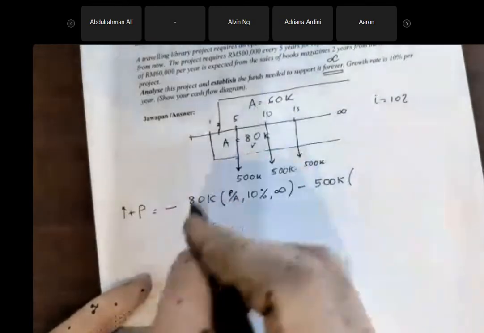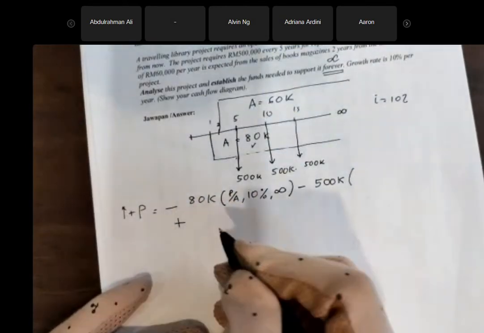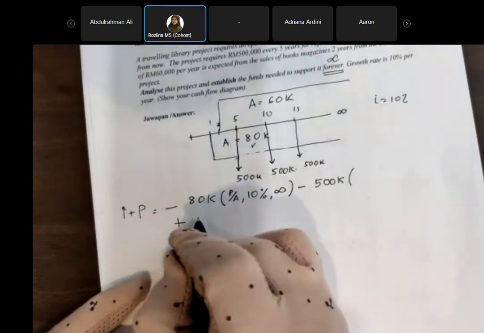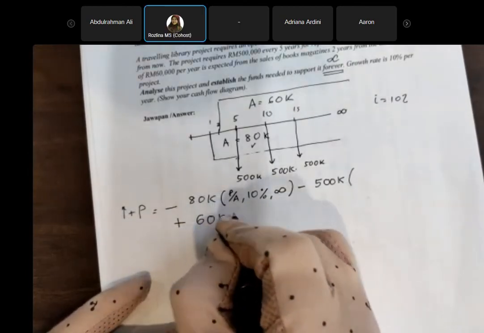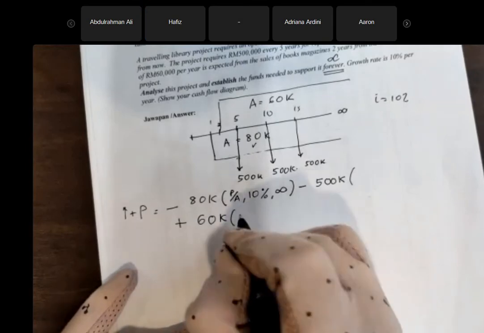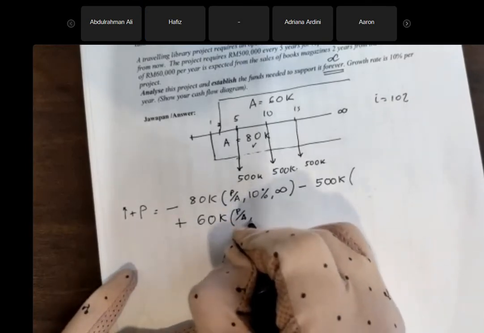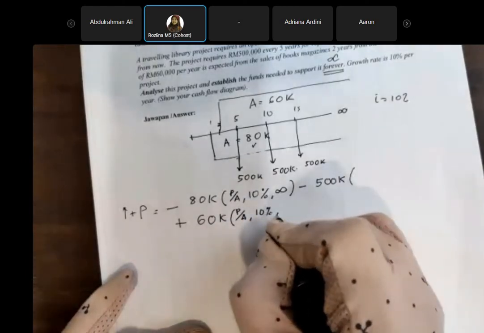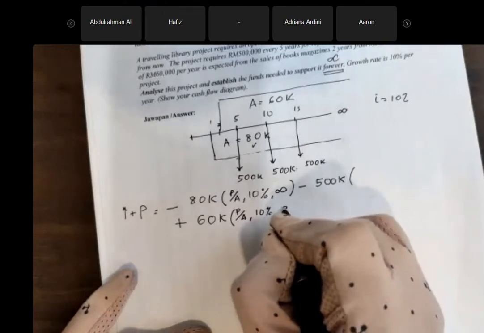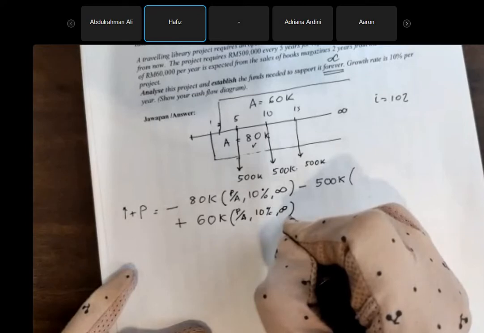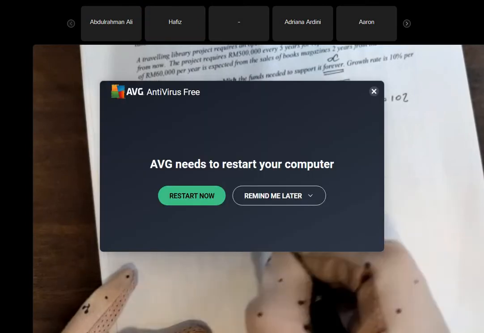Okay, ambil yang atas tu. Plus 60K. P over A, 10%, infinity. Okay, then ada tak lagi? Ini become apa?